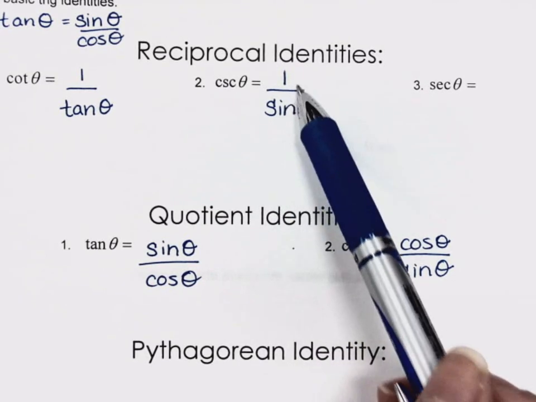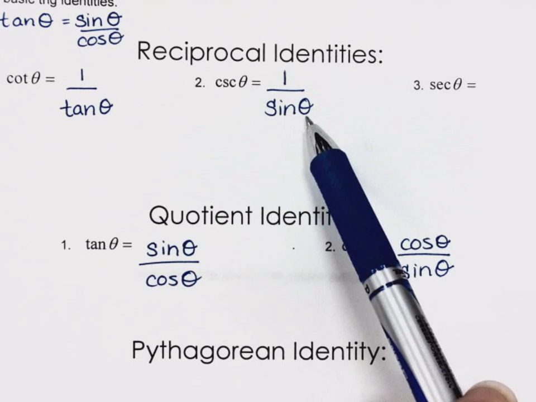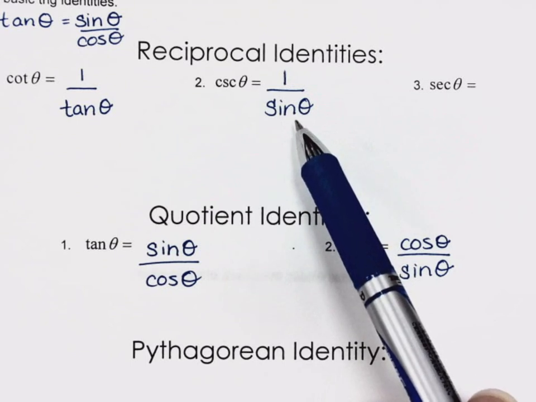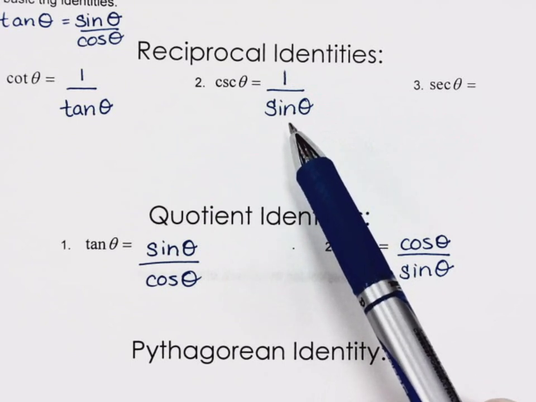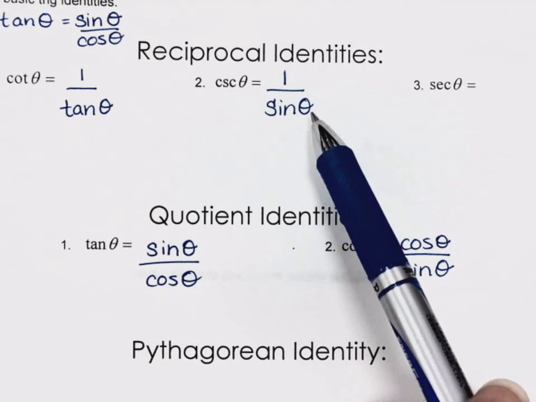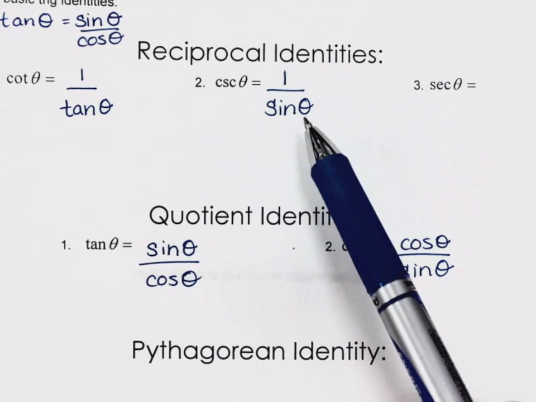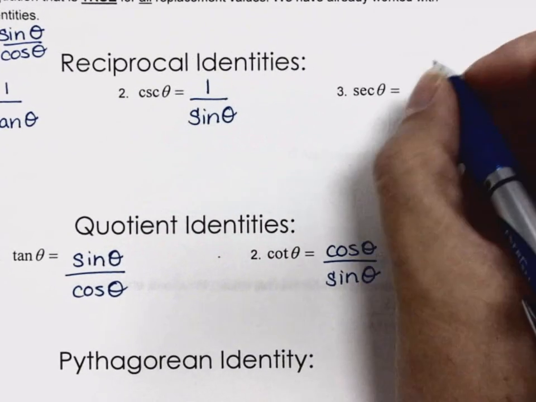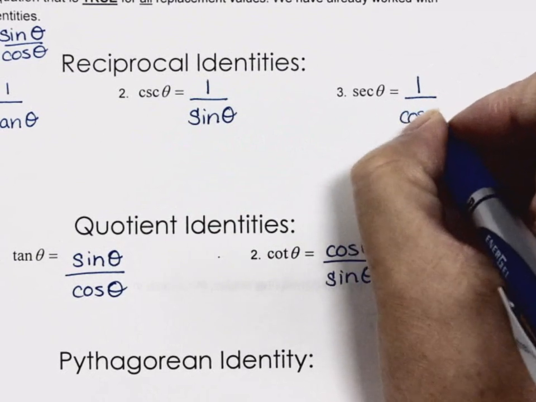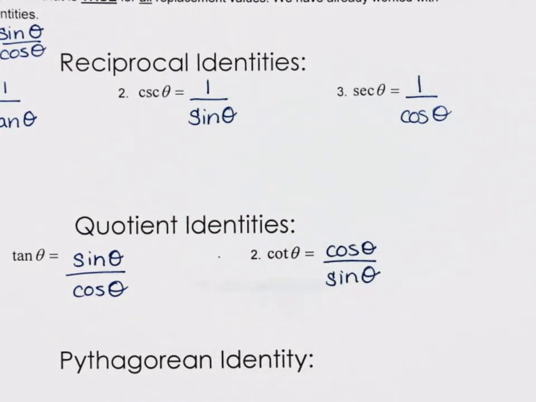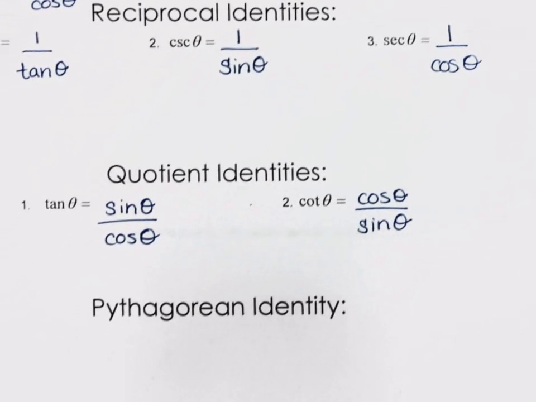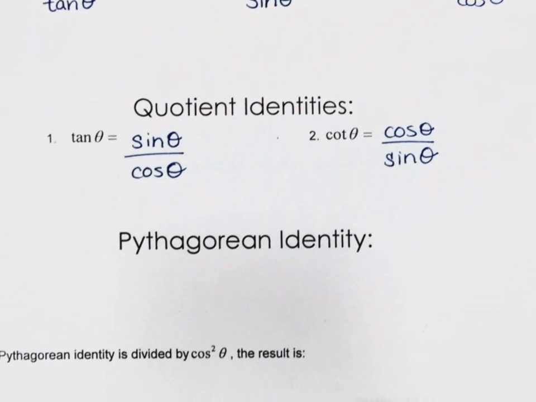Okay? So if you're losing your theta or your x or whatever that angle is, you can't just have sine on its own. It has to be sine of an angle. So that variable has to represent the angle. It has to be there. And secant is going to be 1 over cos theta. Easy peasy, right? You guys all know those. Those you can do in your sleep.